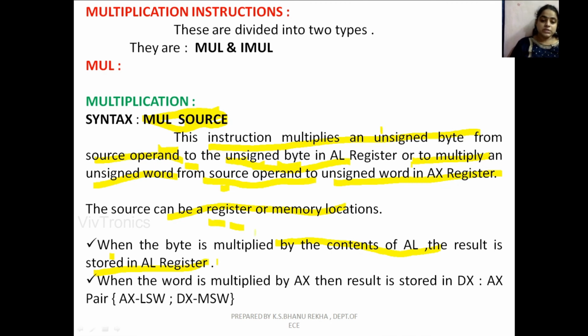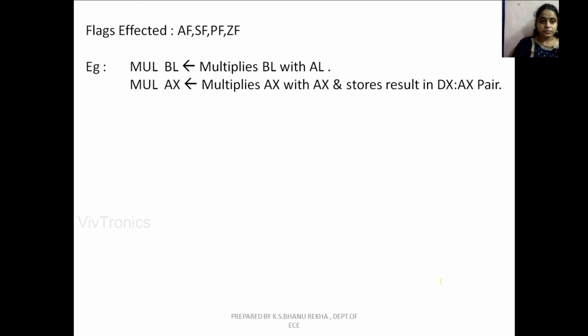When the word is multiplied by AX, that means whenever 16-bit multiplication is there, the result will be 32-bit. So for 32-bit we need two registers and those two registers are called the DX AX pair. Okay, DX AX pair. So that's why DX is called the extended accumulator. We use it in multiplication and division instructions.